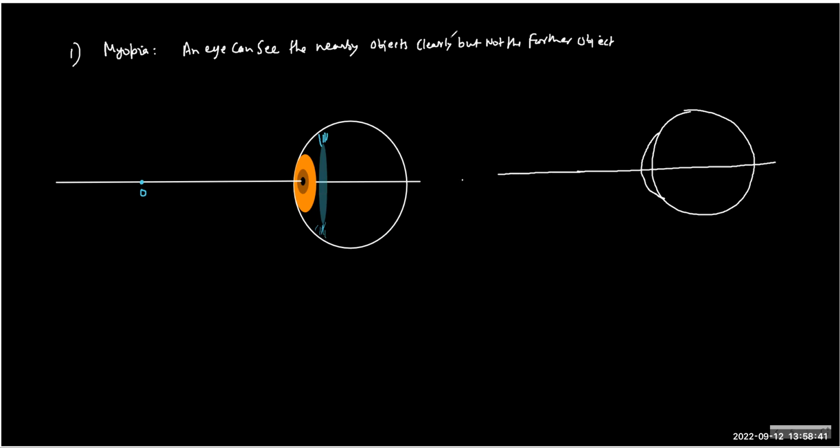So if the light ray is coming from infinity, which is our actual far point, what will happen? Because the human eye lens is converging, it will bend the light. So there are two possibilities. First is the bending is too much. Even in the most relaxed position, this is the bending that the light ray will suffer.